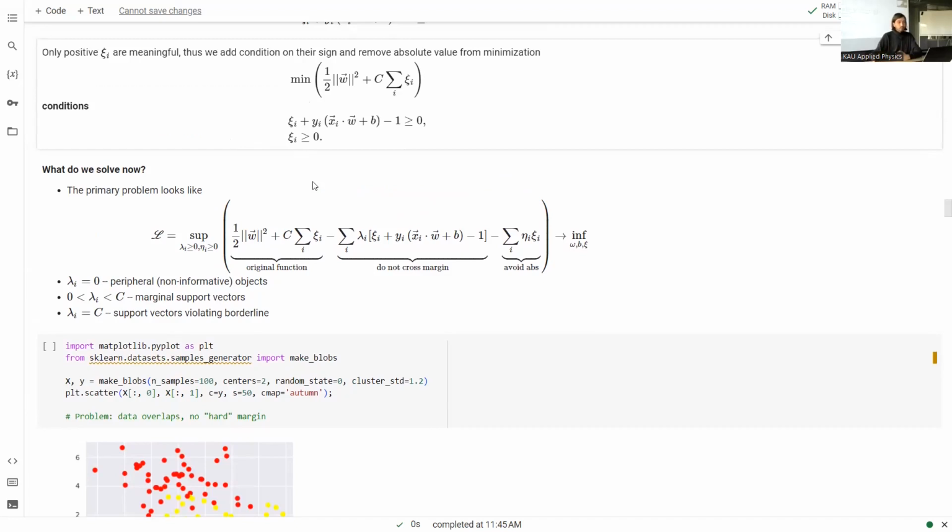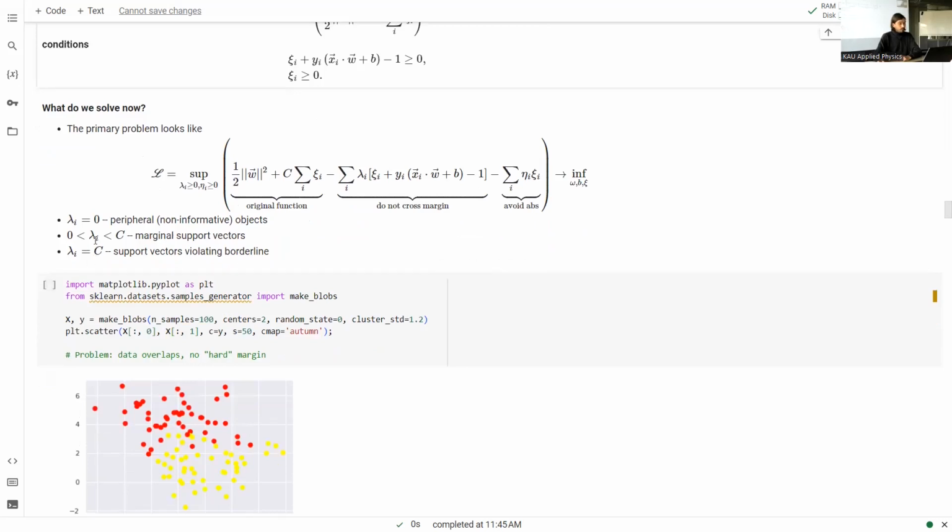It's a really nice point that is outside of that street that we draw around our line. If lambda i is from 0 to C, it's a marginal support vector. And if lambda i is equal to C, it's a support vector that is violating the borderline. So that's what we have. We can classify our support vectors by looking at these lambda i's.